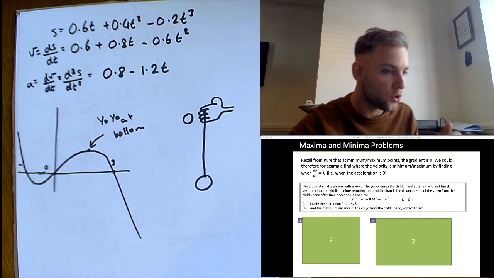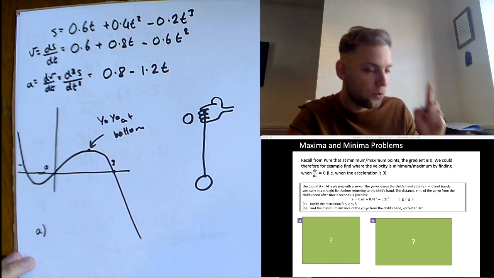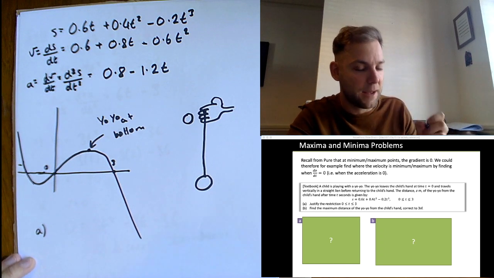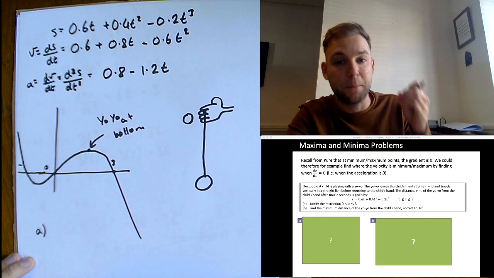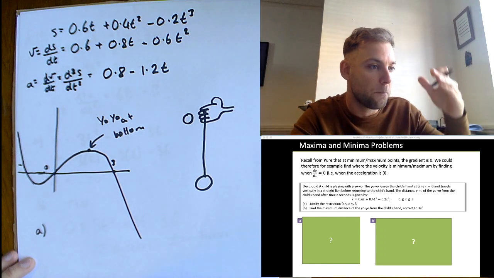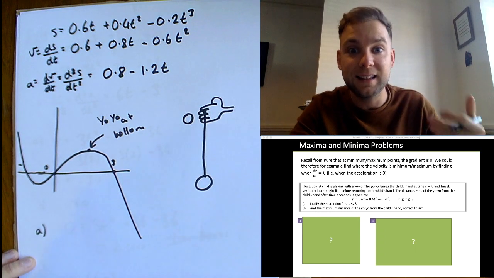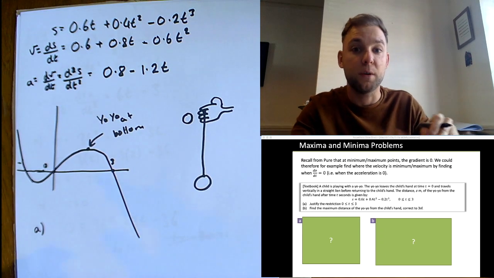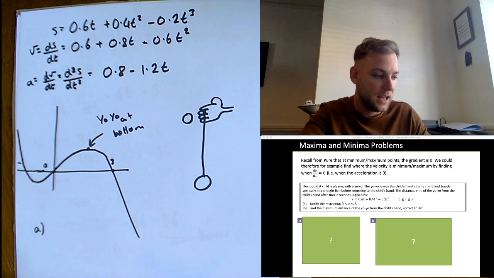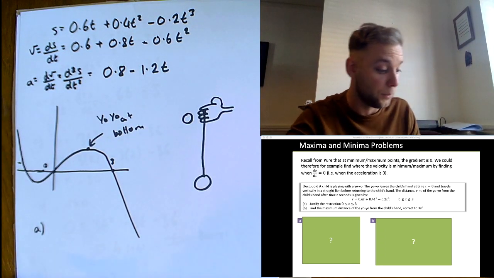So if we want to justify the restrictions, what we'll say is the yo-yo leaves his hand at time equal to 0, and it gets back to his hand at t equals 3 with a maximum distance away from his hand in between this. If it was greater than 3, then we know it's going past his hand. Okay, and this is what they're looking for, and this is the explanation that we're going to write.